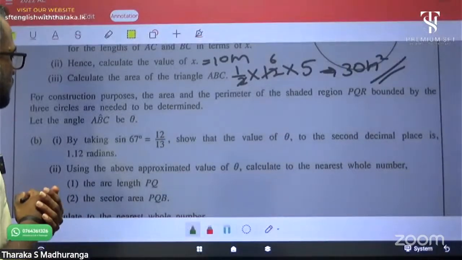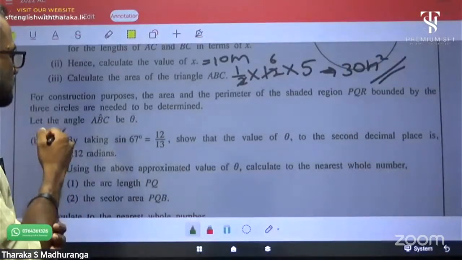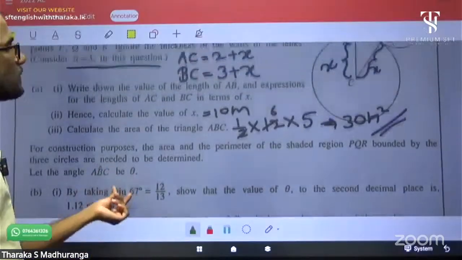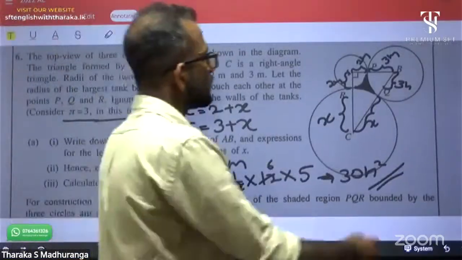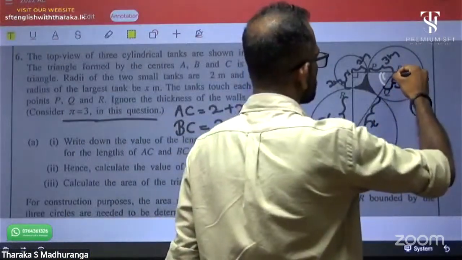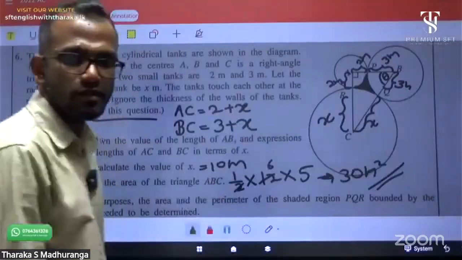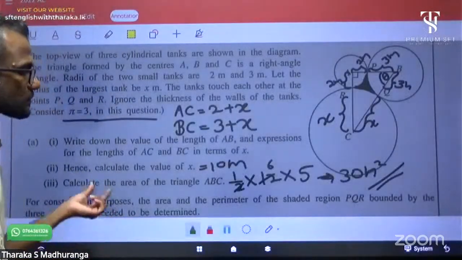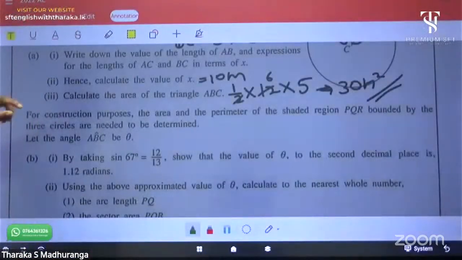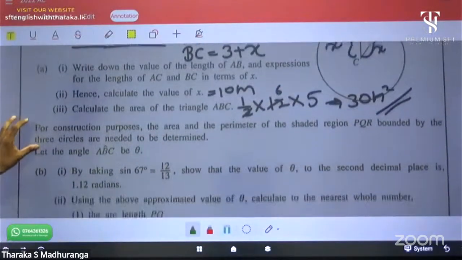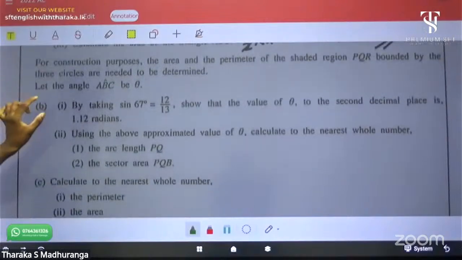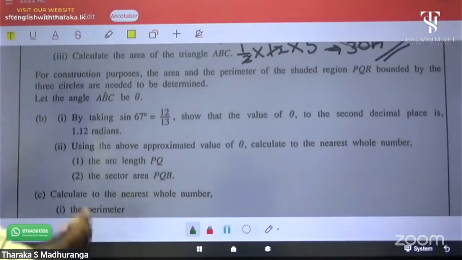Let the angle of ABC be theta. ABC. That means it is theta. This is theta, right? This angle theta. Part 1.